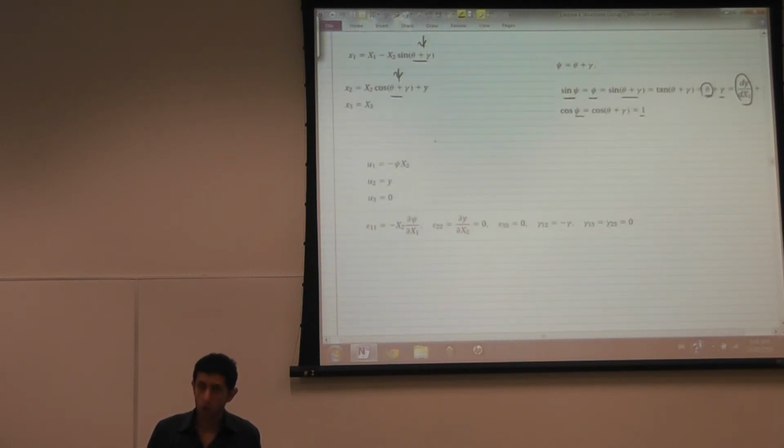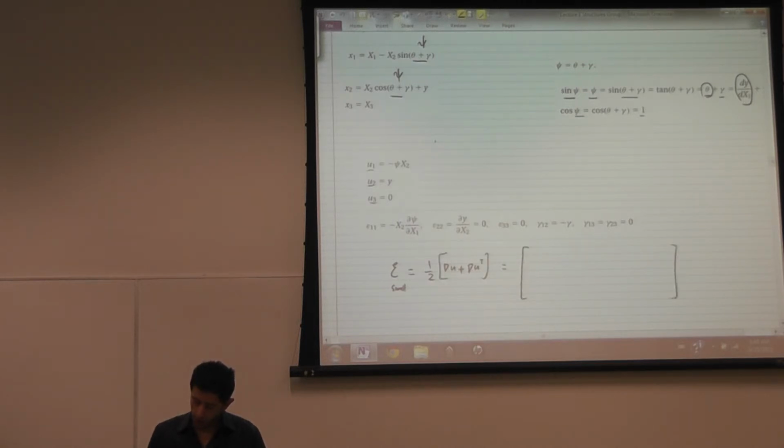And again, using what we've done before, u1, u2, u3 are equal to negative psi x2, y2 is y, y3 is 0, and epsilon, the strain, is equal to half the gradient of u plus the gradient of u transpose.